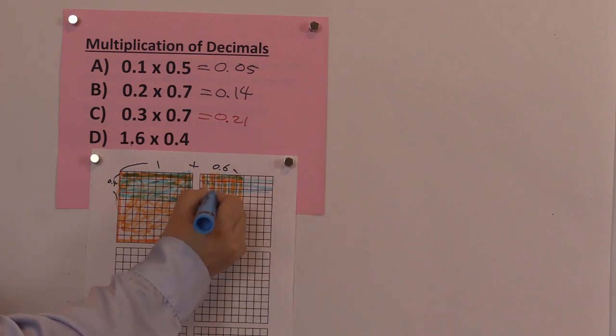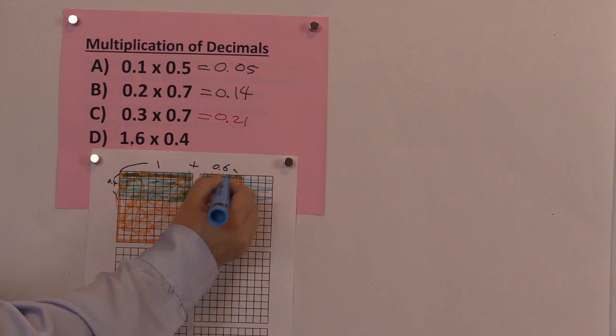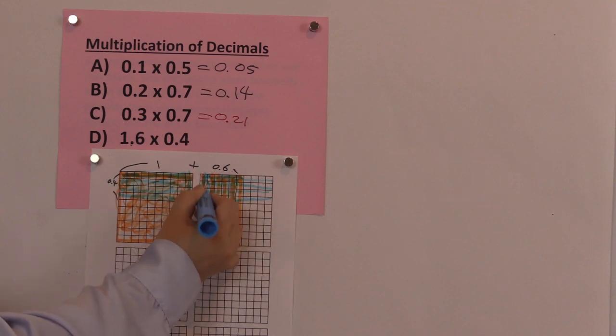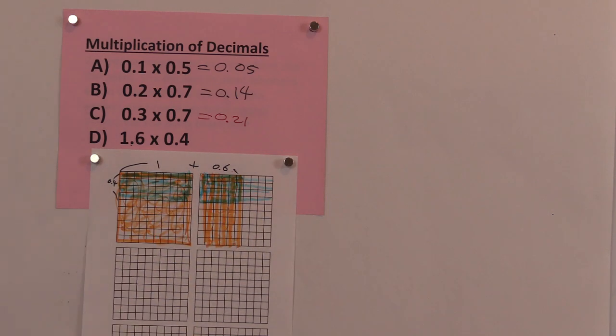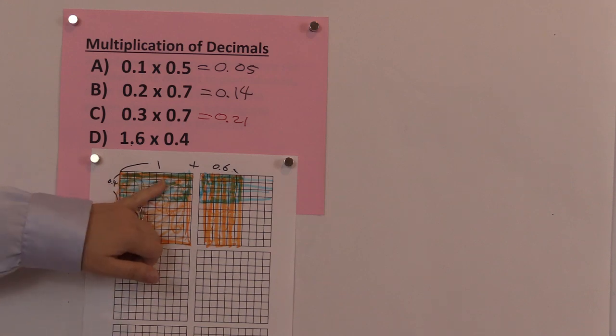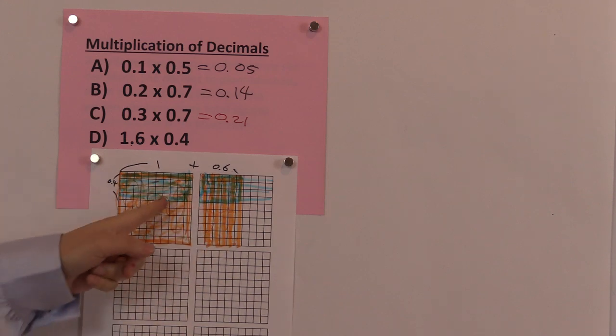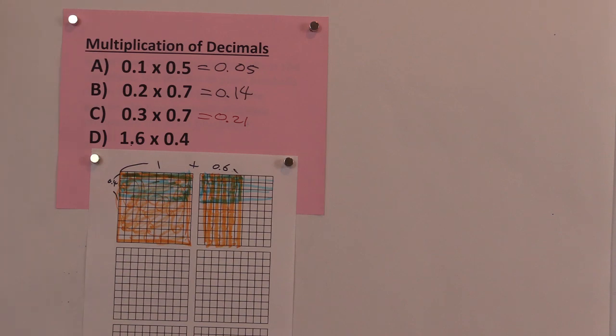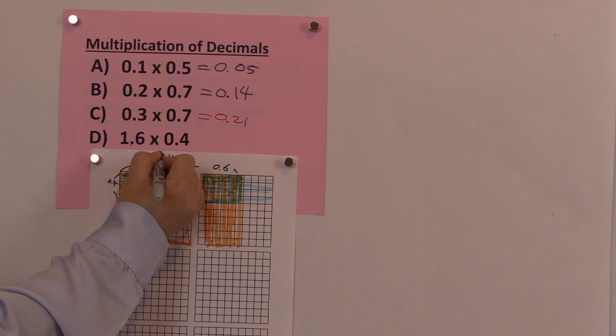So I can see the double shaded part is here. This is again the distributive property. So you can add what you have here and what you have here together. So what's the double shaded part of the first part here? 1 times 4/10 is 4/10, right?